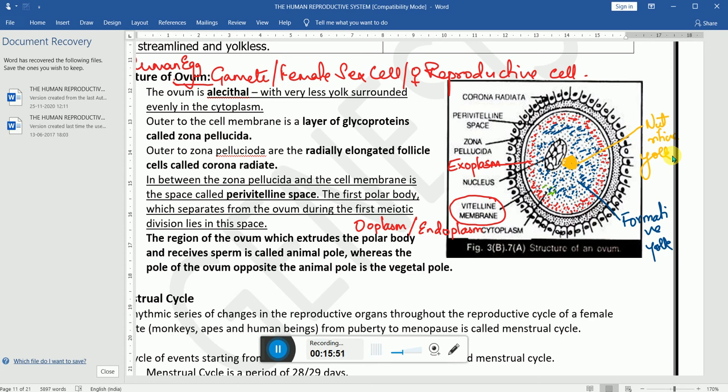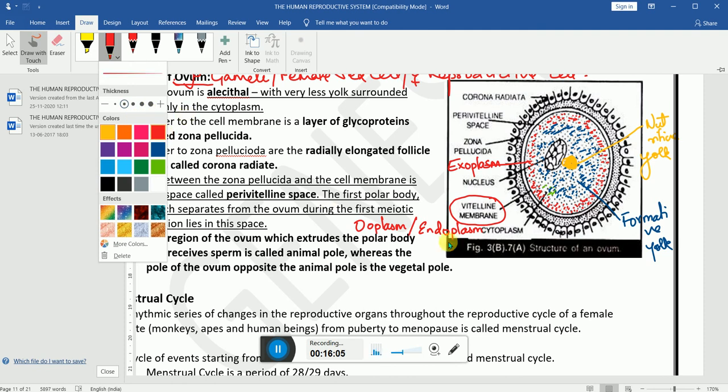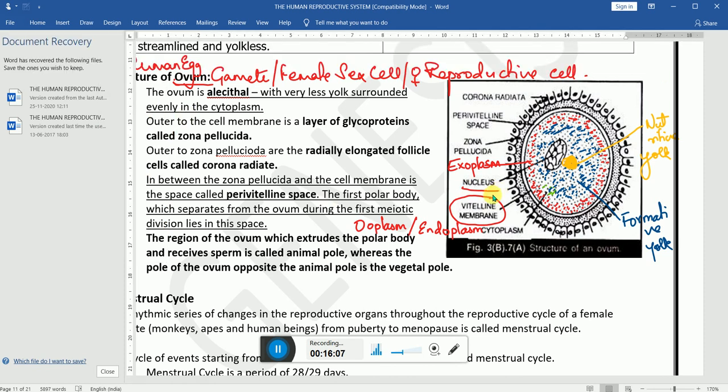Now, there is the nucleus in this formative yolk or in this endoplasm, and this nucleus has its own name. Now, what is this name, students? Let me just write the name. The nucleus is called the germinal vesicle.